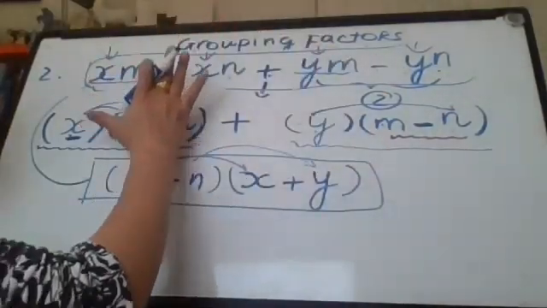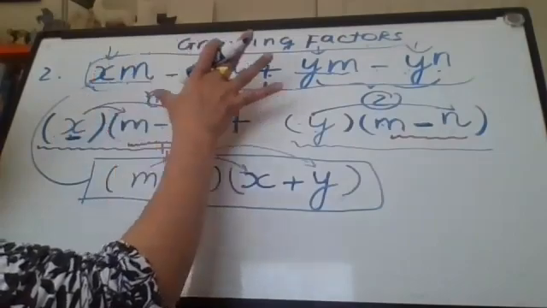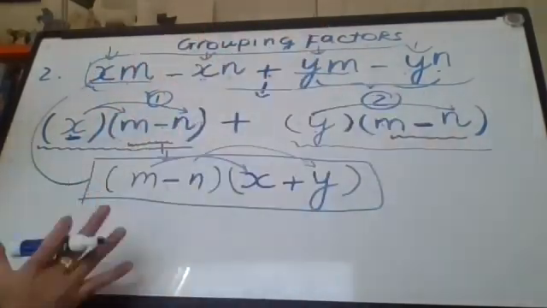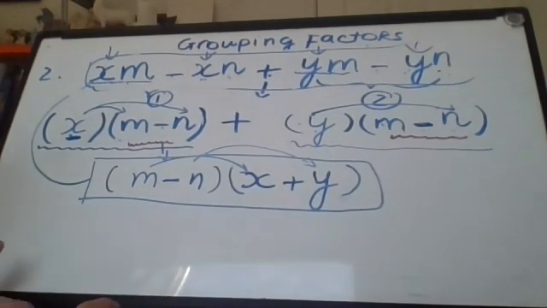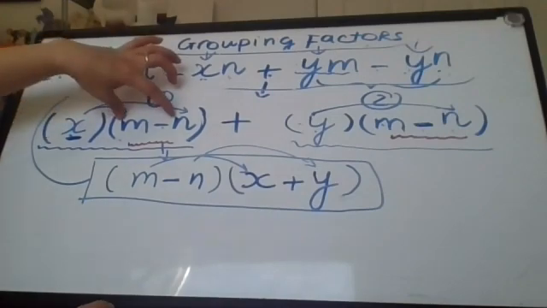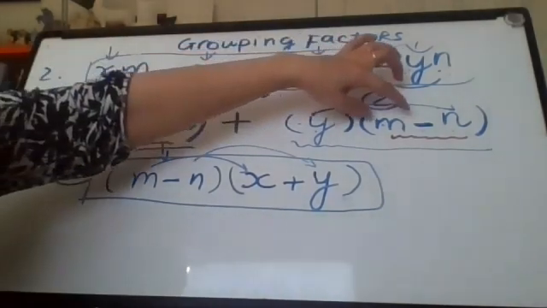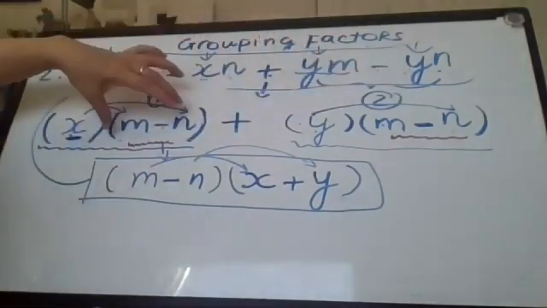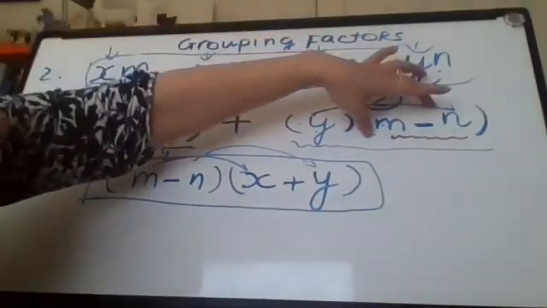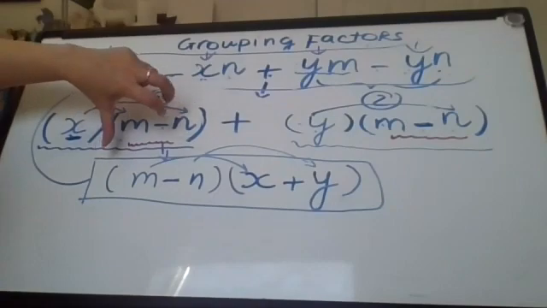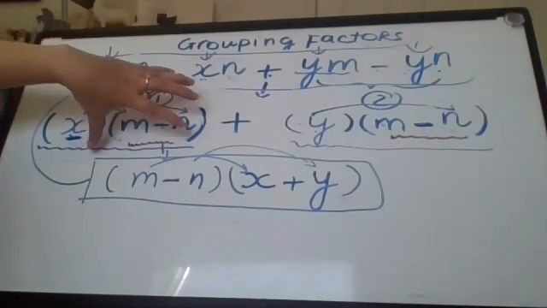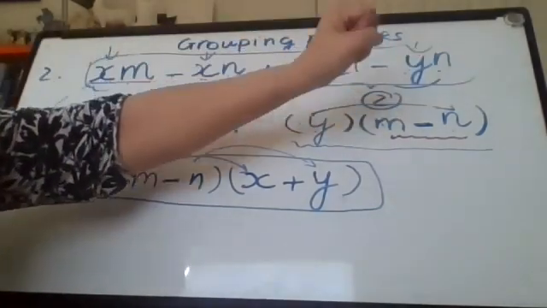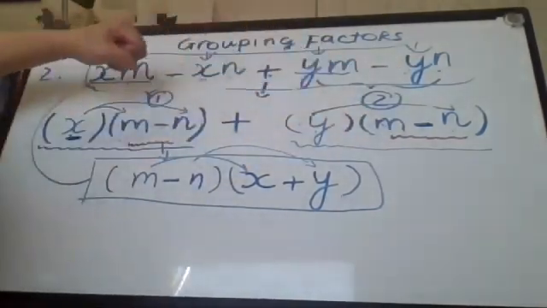So now after I do grouping for each group separately, I look at the common factor again to see if I can still factor it or not. So I look at this X times M minus N, I look at Y times M minus N, and I discover, oh, M minus N is the same. So I treat this as a whole thing, as one number, M minus N. M minus N is common in both groups in here.